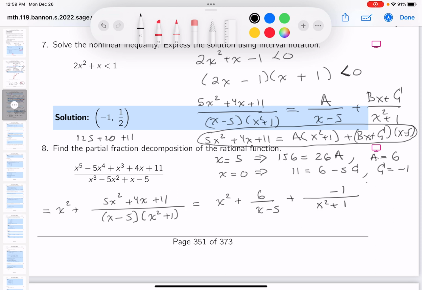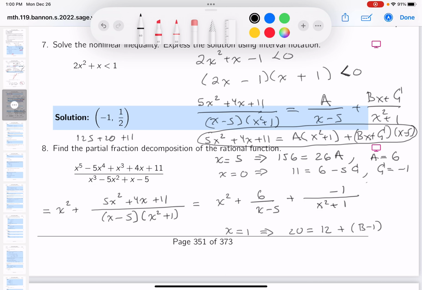And to get the B, I'm going to pick x to be 1 now. And what would that give me? It would give me 5 plus 4 is 9, and 9 plus 11 is 20. Let's see, A is 6, and x is 1, so 1 plus 1 is 2. That's 12. Plus, well, if x is 1, I get B, C is minus 1.